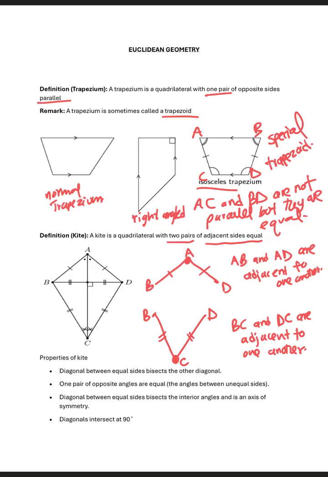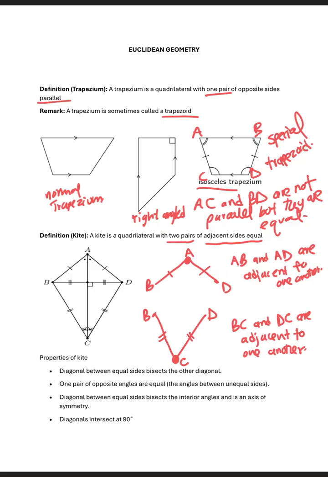And the diagonal that is being bisected here is diagonal BD. So diagonal BD is the one that is bisected.